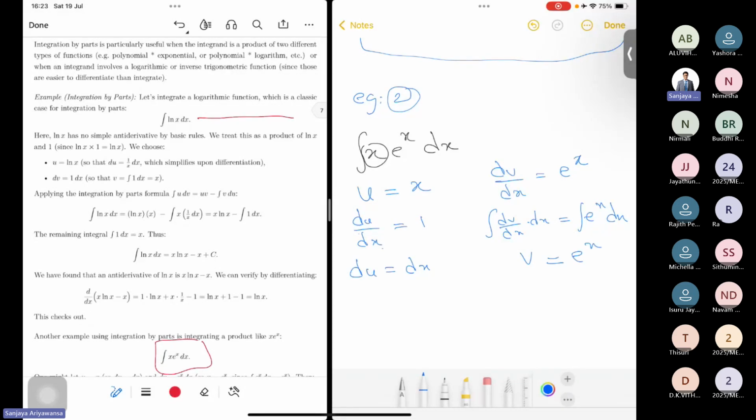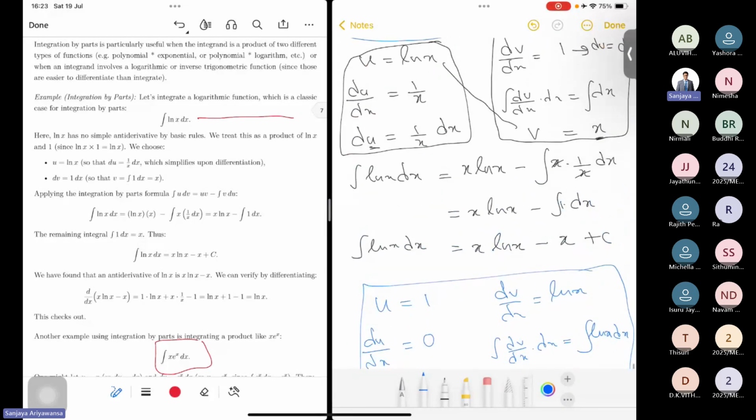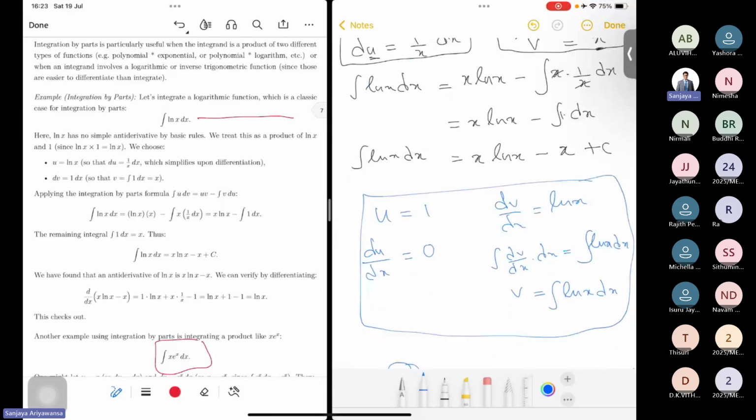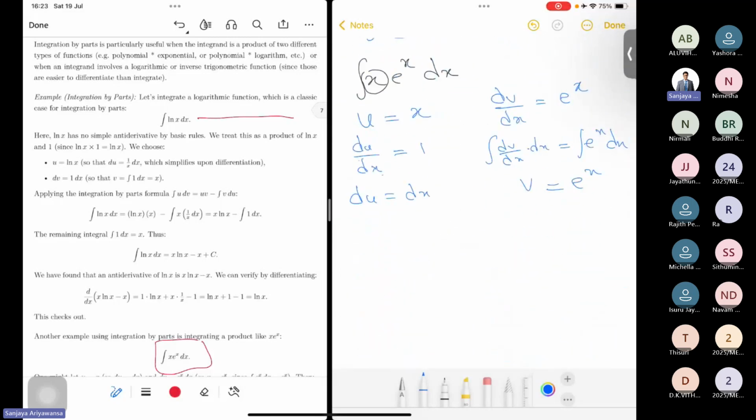That's it. Now, what was my equation? Let's go back to see. u dv equals uv minus v du. So u dv, that's what I want to integrate, equals uv, x e to the power x, minus v times du, so e to the power x dx.